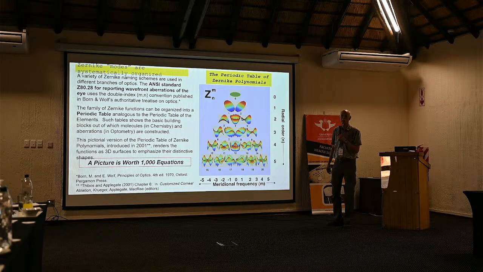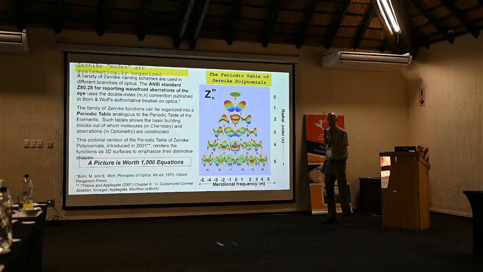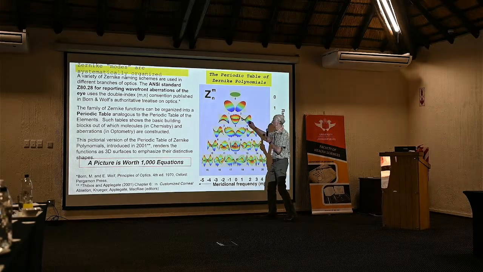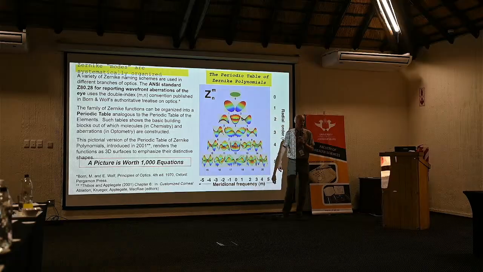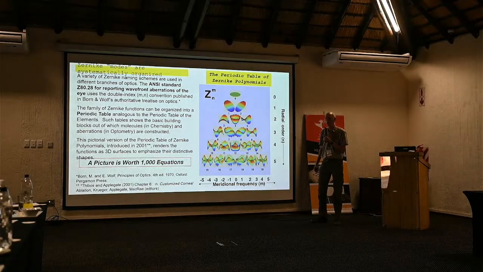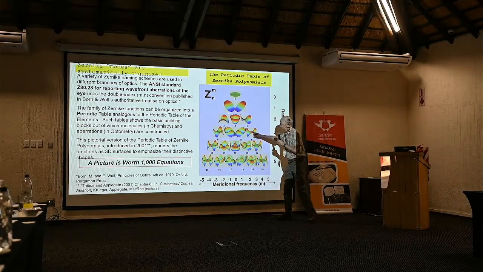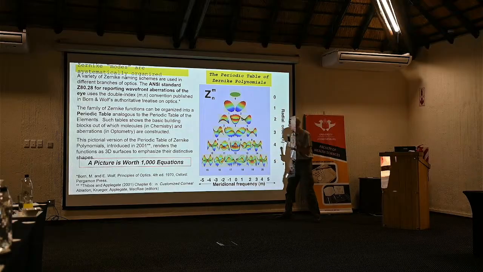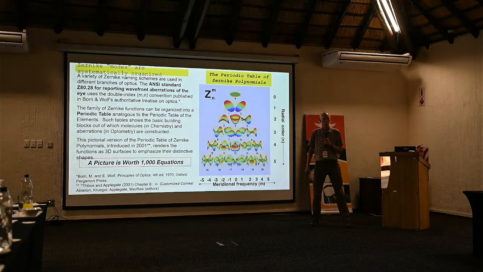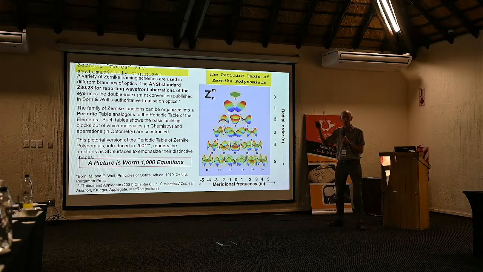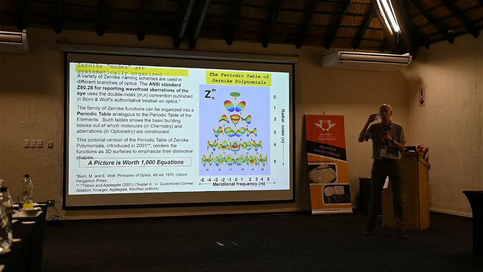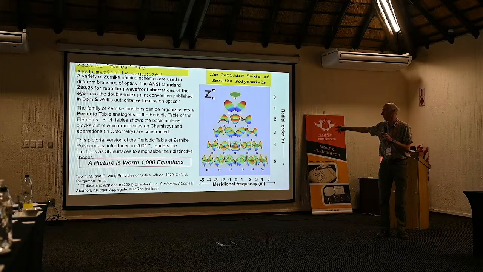So we had to educate the ophthalmologists how to think about aberrations when there's more than just these 3 surfaces, more than just those spherocylindrical ones. We might have some of that, some of that, some of that, and we're going to have to add them all up. So we needed a picture because, who wants to look at an equation and figure out what shape it is? A picture is worth 1,000 equations.